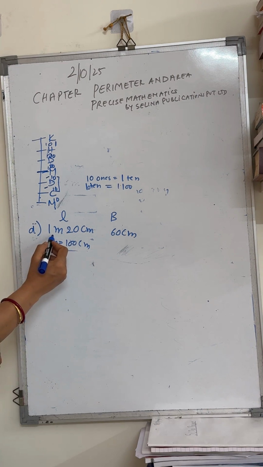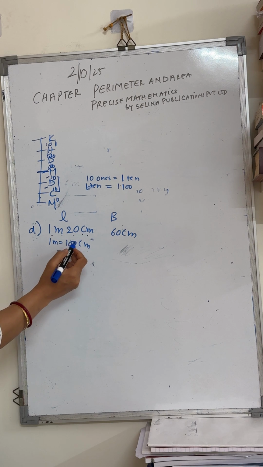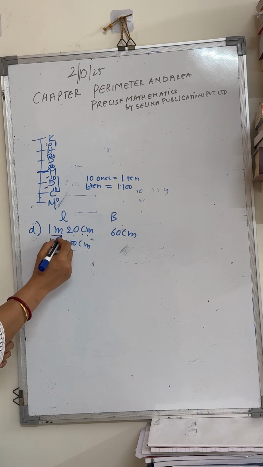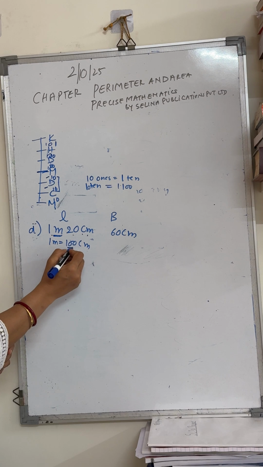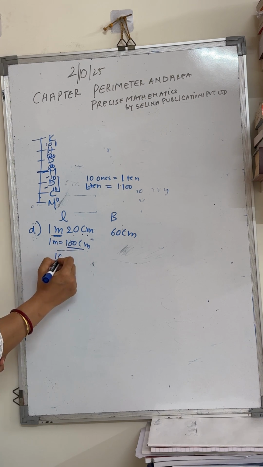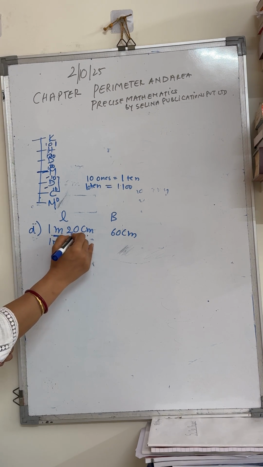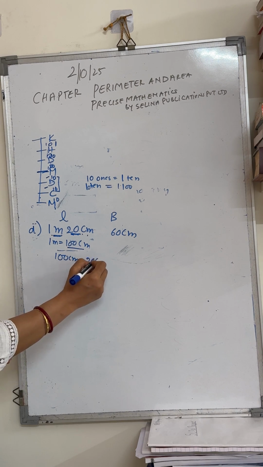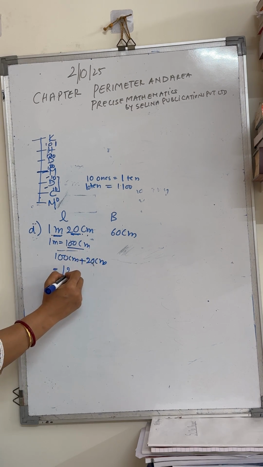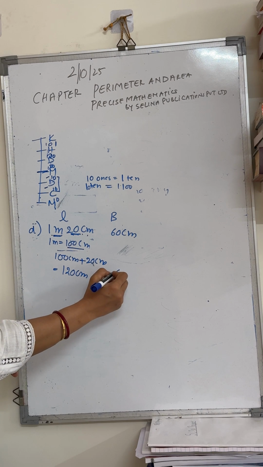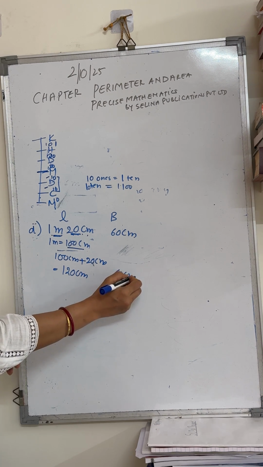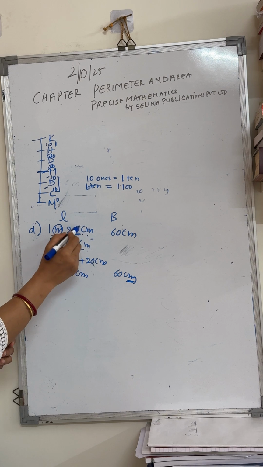So now let's see 1 meter and 20 centimeter. It means that 1 meter can be written as 100 centimeter. So 100 centimeter and 20 centimeter, you will add this. This will make 120 centimeter, and 60 centimeter. Now the units are the same. Here the units were different.